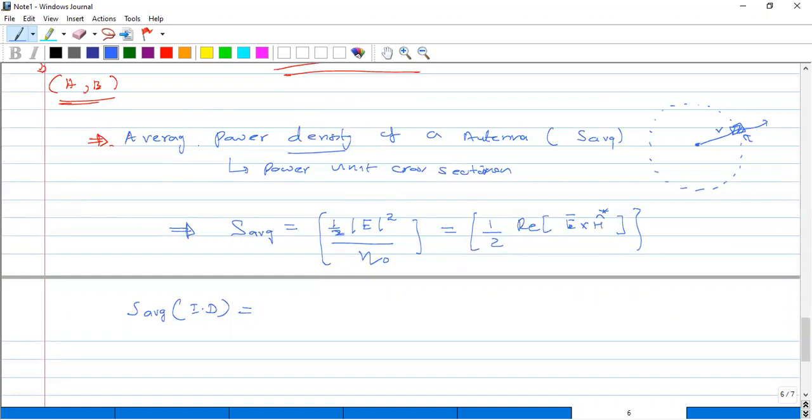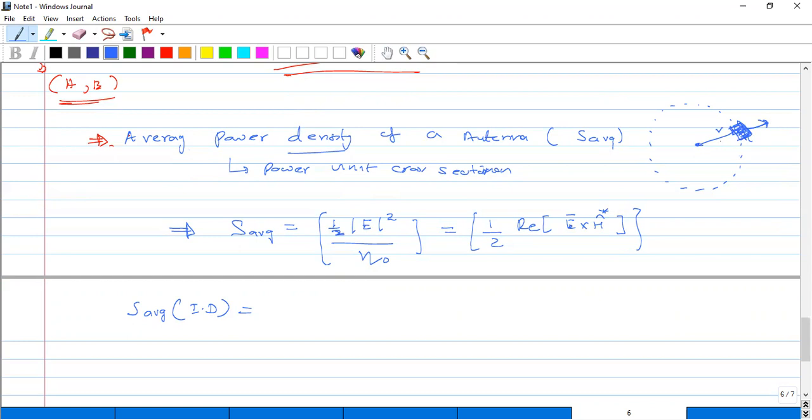That is the definition of the average power density. So it should be perpendicular to this cross section. That power dissipation should be perpendicular to this cross section.